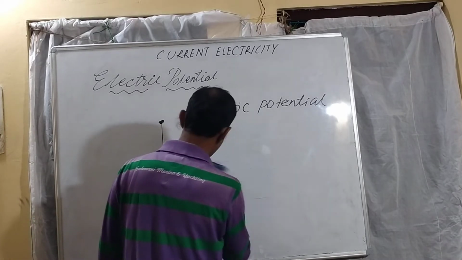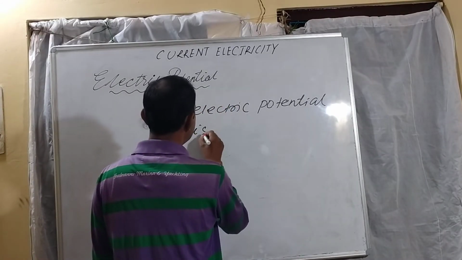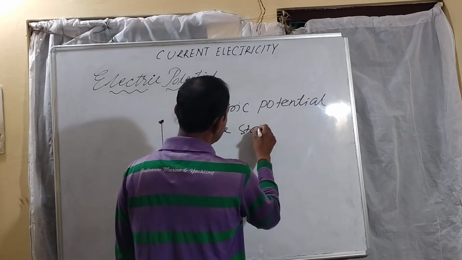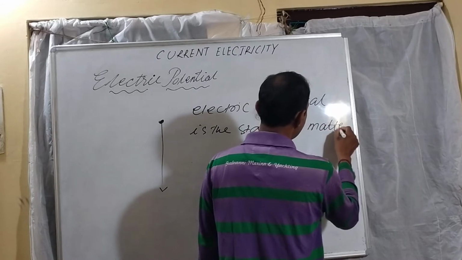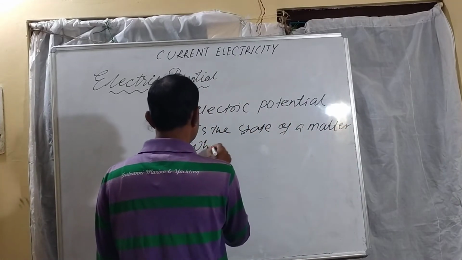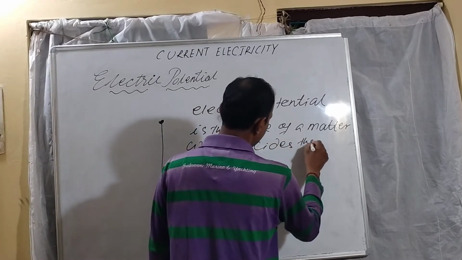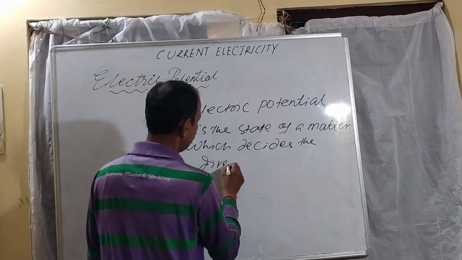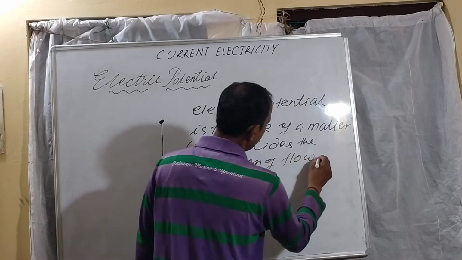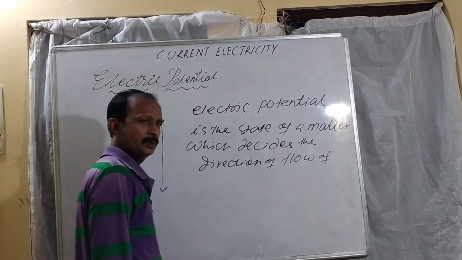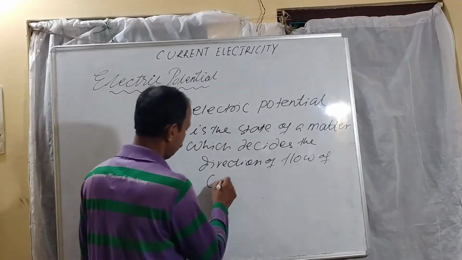So electric potential is the state of a matter which decides the direction of flow of charge, you can say flow of electrons or flow of current.